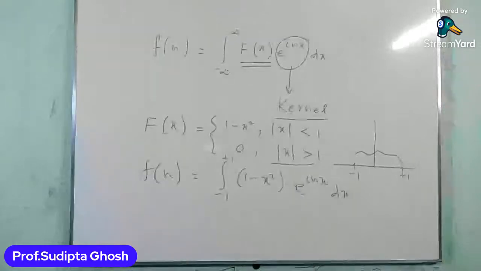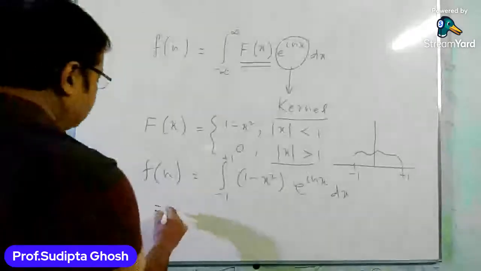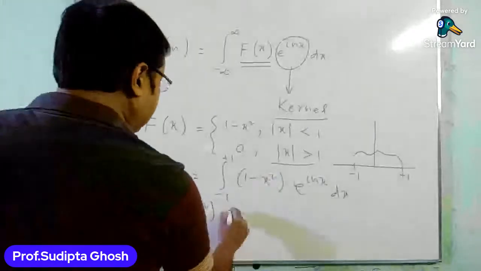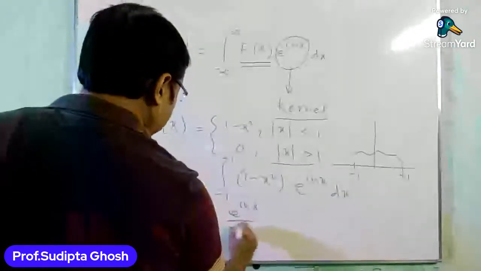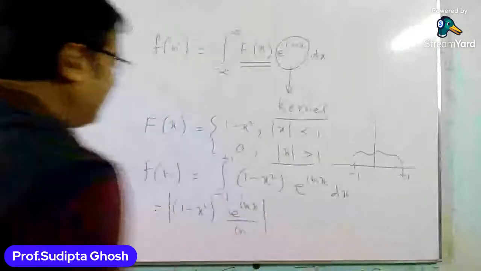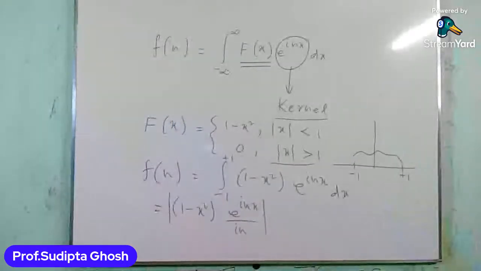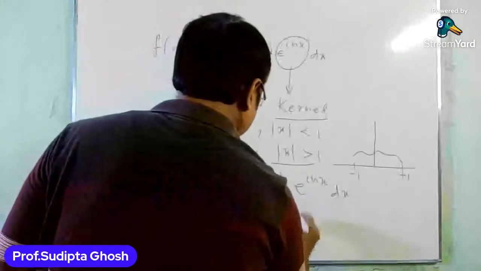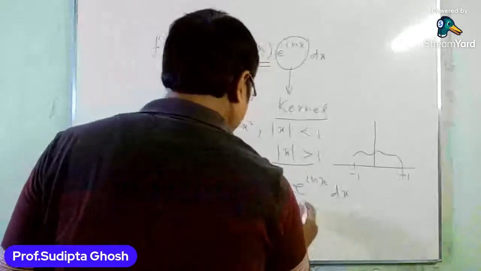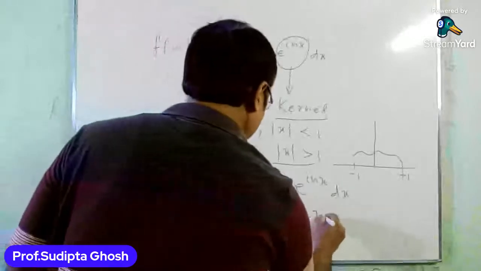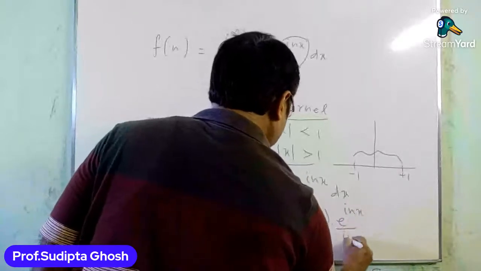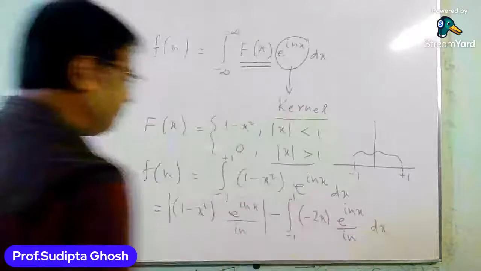So by applying integration by parts, we can write it as the first function into the integral of the second, that is e to the power i n x divided by i n, where the limit is minus 1 to plus 1, and then minus the integral from minus 1 to plus 1 of the differentiation of the first, that is minus 2x, into the integral of the second, that is e to the power i n x by i n, into dx.